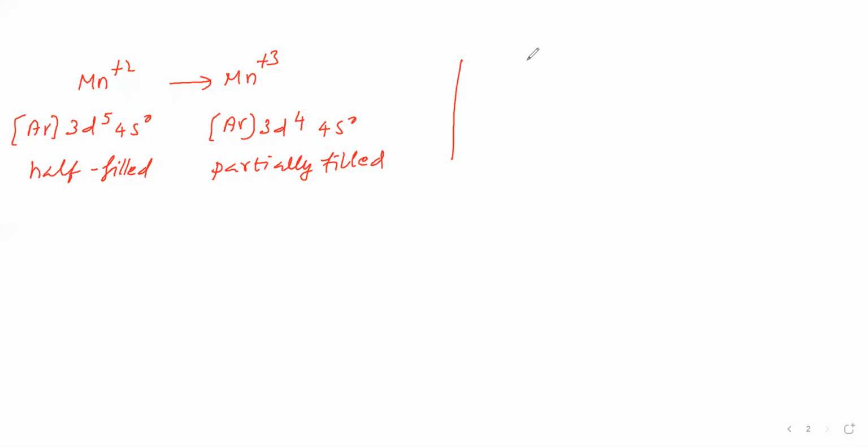Then we'll take Fe plus 2 into Fe plus 3. Fe atomic number 26. So electronic configuration is argon 3d6 4s2. Fe plus 2 means we have to remove 2 electrons, therefore 4s is 0. 3d6 means partially filled.